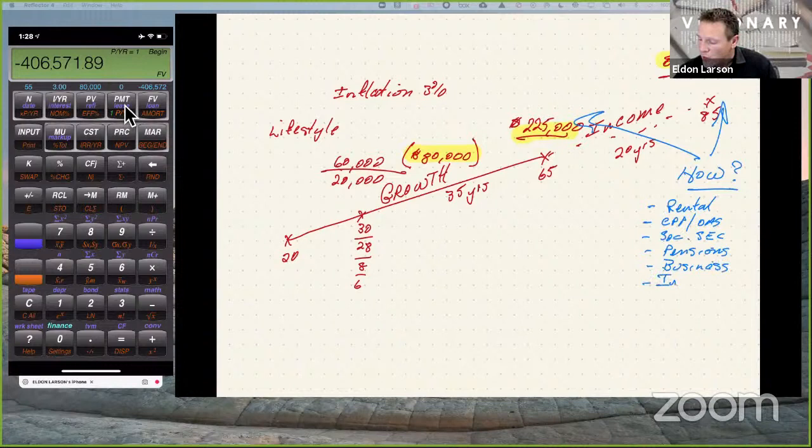A huge one is going to be an inheritance. Are you going to get an inheritance from your grandparents or your parents? Are you expecting that? Most people, you're finding out now that that's their game plan, is they're hoping for this inheritance. Do they save any money? And what about investments?